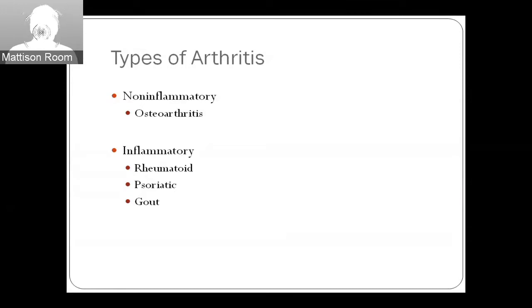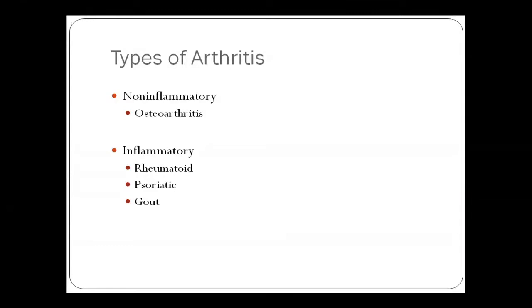Then the second main category is your inflammatory. This is your gout, your psoriatic arthritis, your rheumatoid arthritis. These are conditions where the body is kind of attacking itself. The joint lining that all joints have can become almost like acidic, and the synovial fluid can become counterproductive.